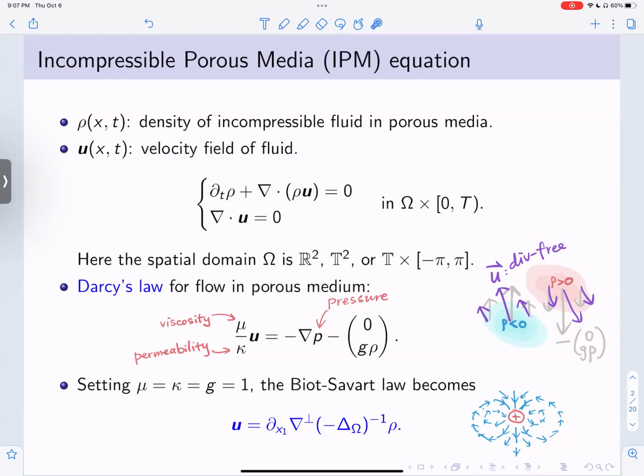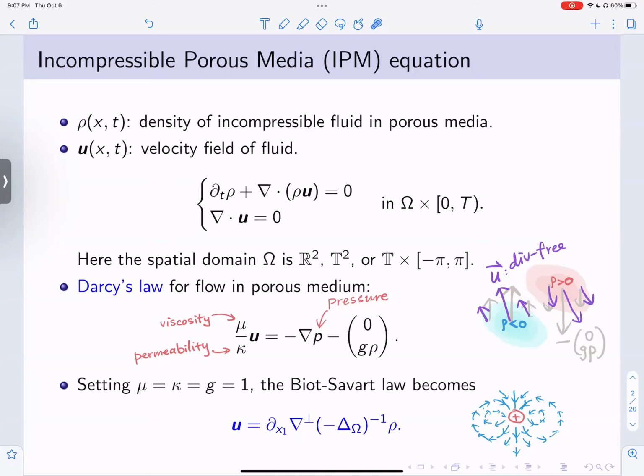But actually, once we apply the divergence on both sides and solve for P, there is some cancellation happening between these two terms. After the cancellation, it turns out that we have a partial x1 term left. It's not too hard to find.